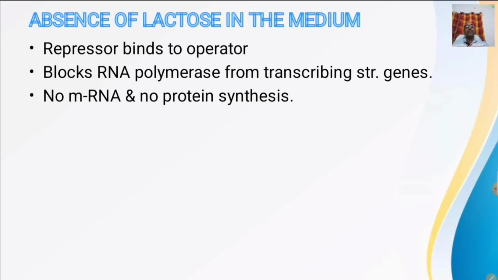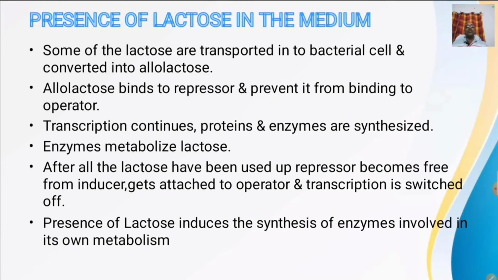But when lactose is present, there is a requirement for the enzymes to be synthesized, so that they can be used in metabolizing the lactose. What will happen? Some of the lactose is transported into the bacterial cell and converted into allolactose.